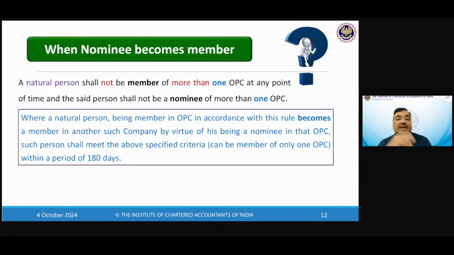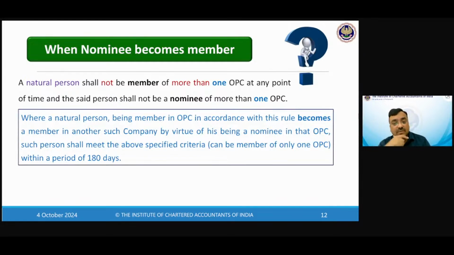But problem will arise, see, where a natural person being in OPC in accordance with the rule becomes a member in another such company by virtue of his being a nominee in OPC. मैं A लिमिटेड OPC में मेंबर हूं and B में नॉमिनी हूं. अब B OPC में मेंबर की डेथ की वजह से मैं automatically मेंबर बन जाता हूं. Then at this point I am the member in two OPCs.